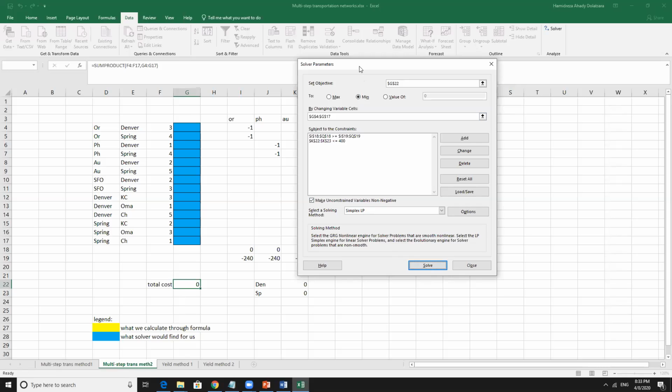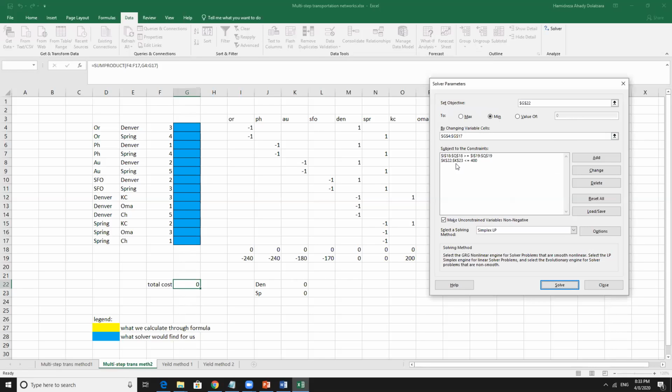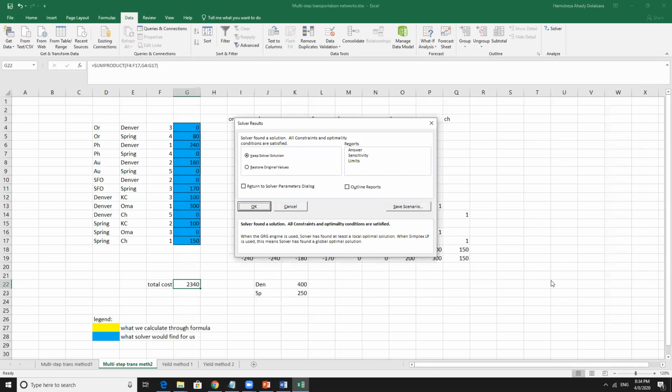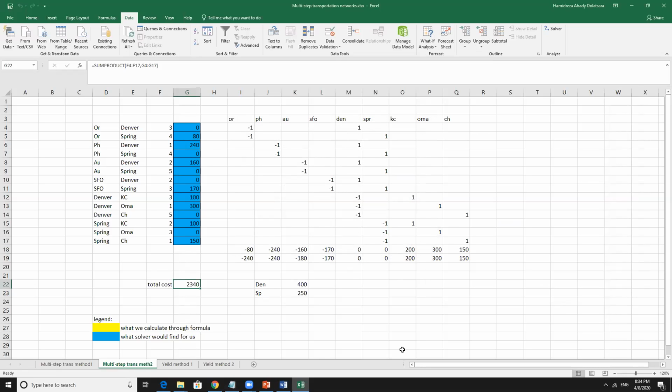And also, the last constraint is about the capacity of the Denver and Springfield warehouses that I said should be less or equal 40. You got the same answer. Again, this is just a creative way of doing that. I just wanted to show you you are not limited to just that way.